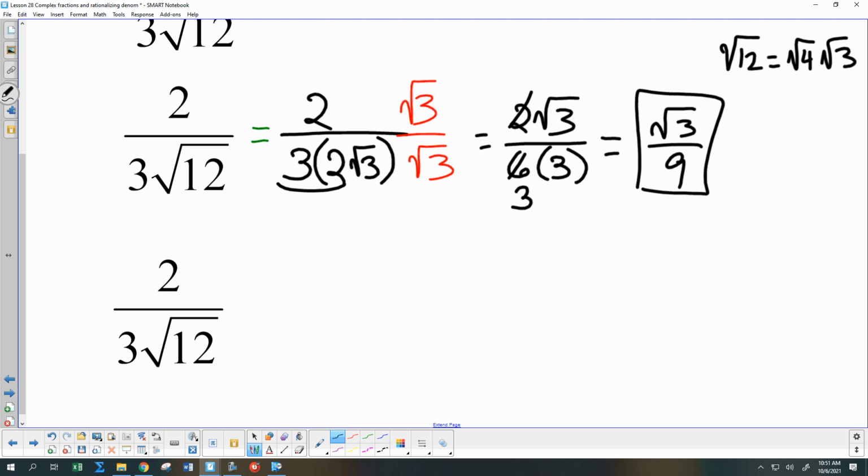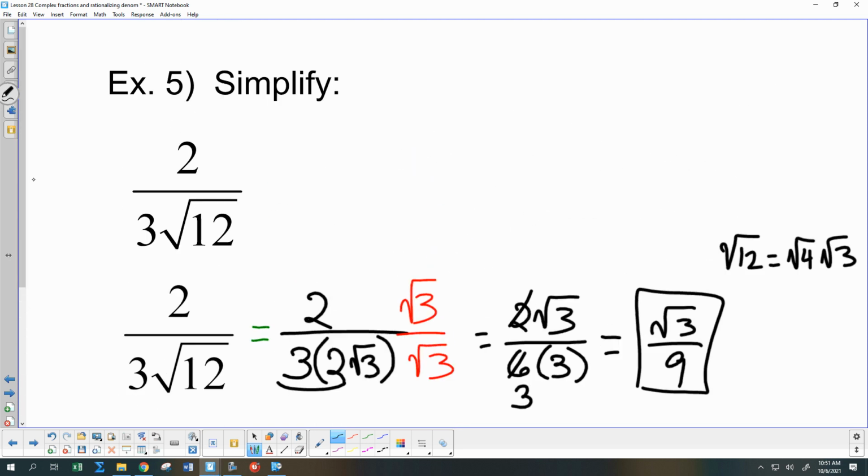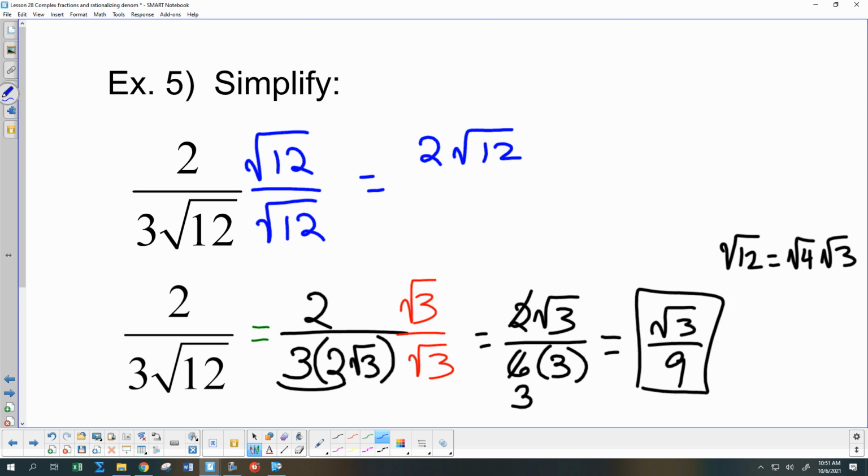Okay, another way that I could do it, I could say, I'm not sure what, but I know I've got a square root in the denominator, so I need to multiply by root 12 over root 12. That's going to give me 2 root 12 over 3 times a regular 12, or 2 over 36, which is 1 over 18.